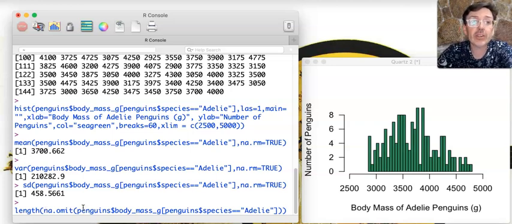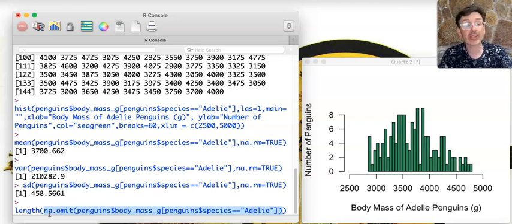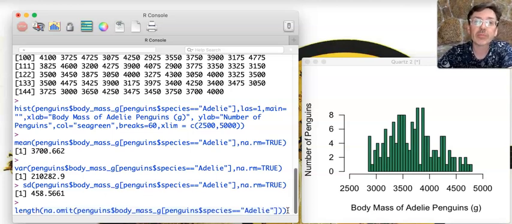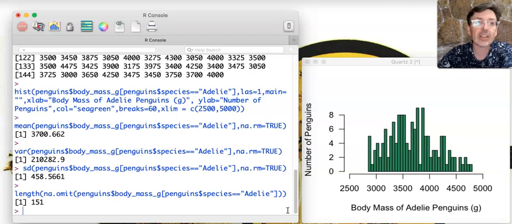So I have taken our penguins' body mass, subsetted by Adelie penguins, and nested that inside the function na.omit, which says omit any NA values. And then I've nested that inside the function called length, which tells me the absolute number of individuals in that line. And, just as I said, 151.